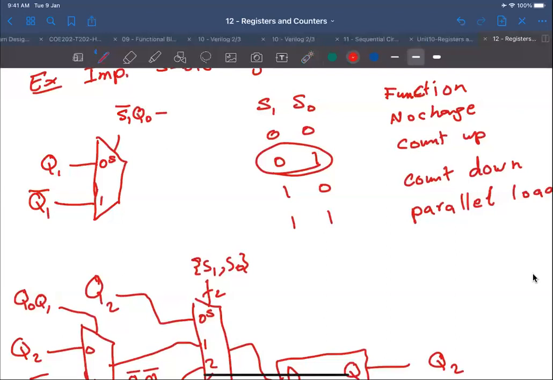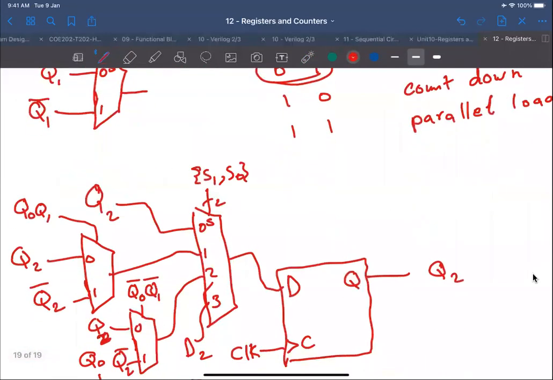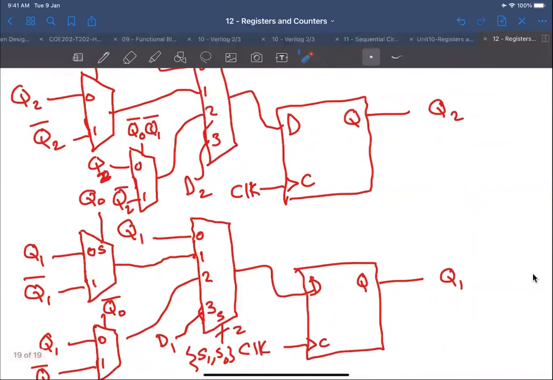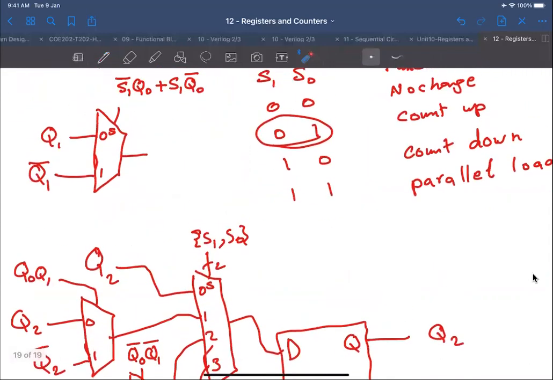If S1 is 1, then we look for Q0 complement. So it's basically the XOR of S1 and Q0. And then this line here will work for both function 1 and 2, or data 1 and 2 for the multiplexer. So we saved on multiplexers here.